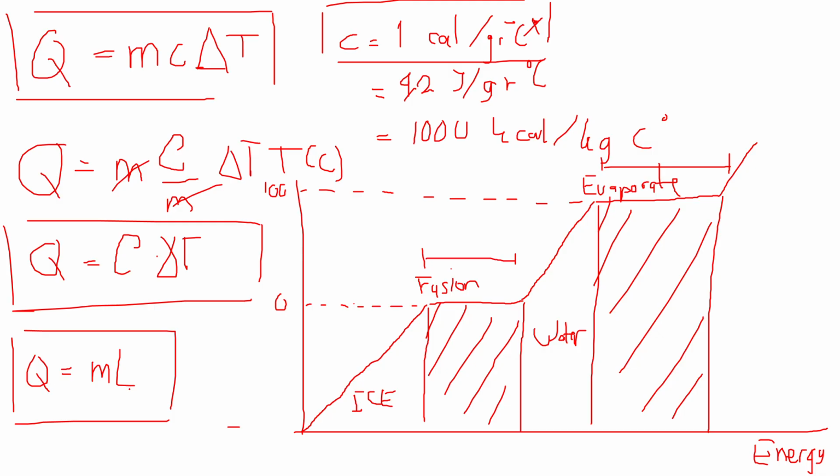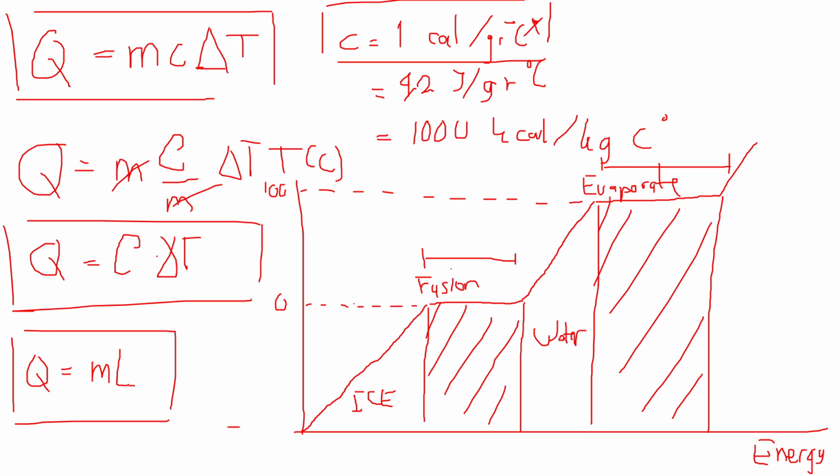What is L? Well, there are two. The first one is latent heat of fusion. Latent heat of fusion is basically the number for when the ice turns into water, and there's latent heat of evaporation, which is the number used to turn the water into a gas.